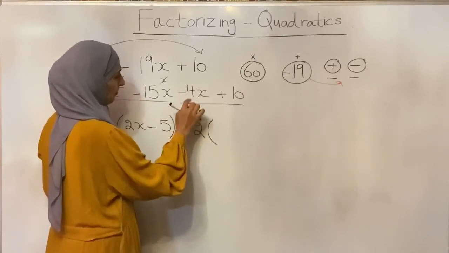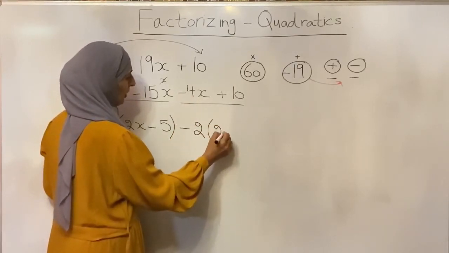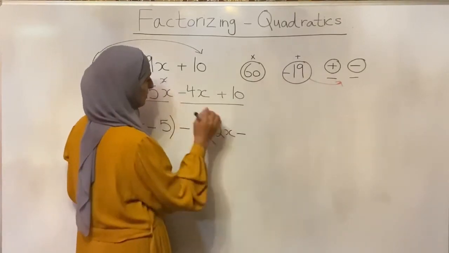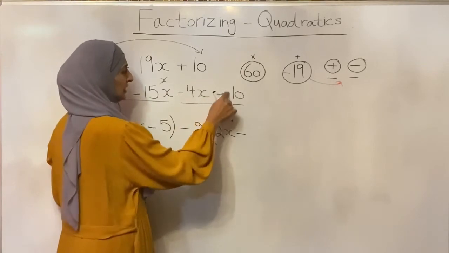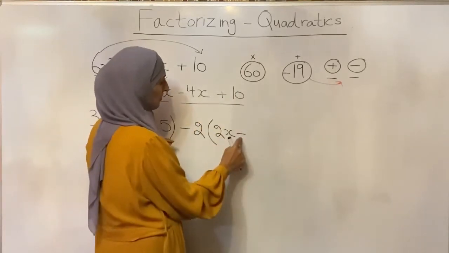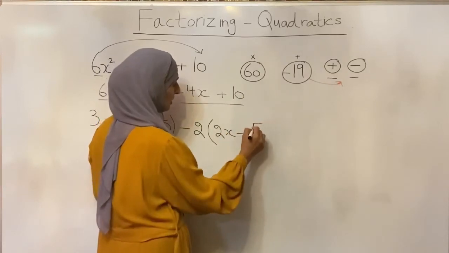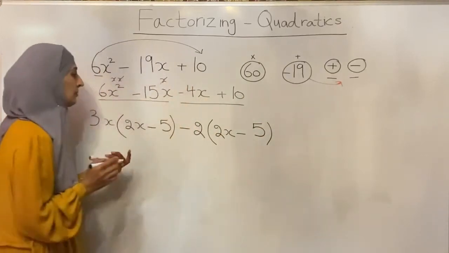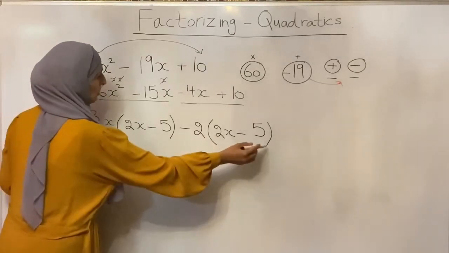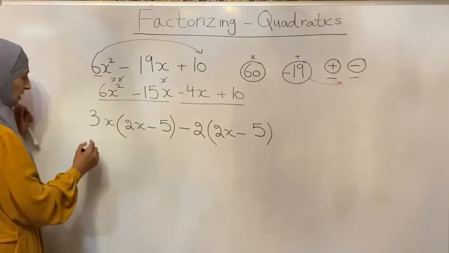Minus is there, 2 times 2 is 4, x remainder. Because of the minus, all the signs inside the bracket change, so the plus flips to minus. 2 times 5 is 10. So both the expressions are the same, which means my factor pairs are correct.